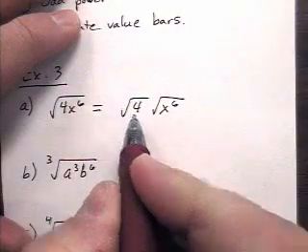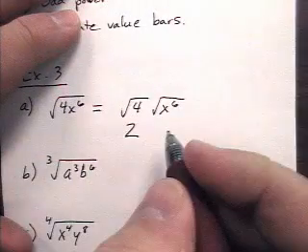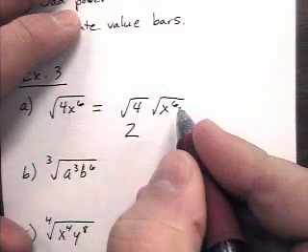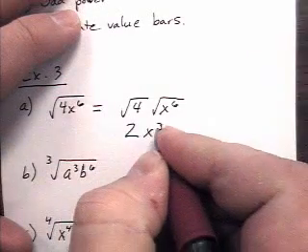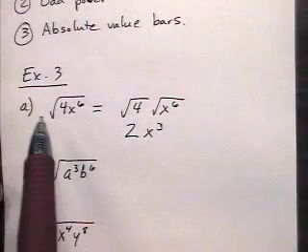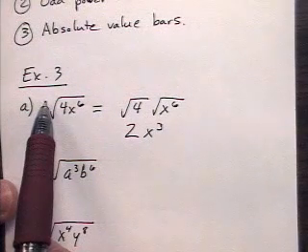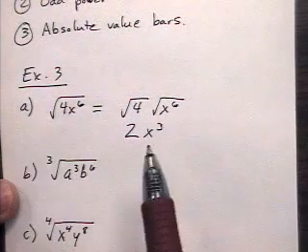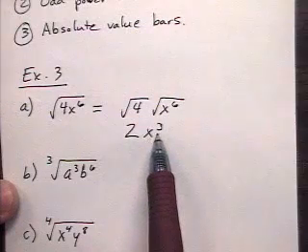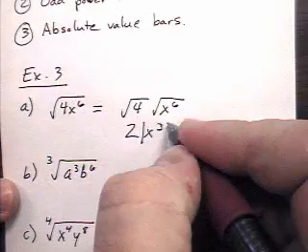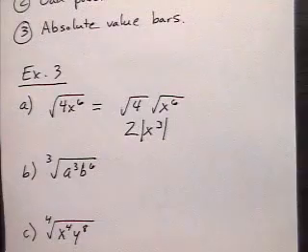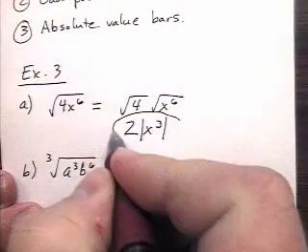Something times itself gives me 4. Well, everybody's going to say 2. What times itself gives me x to the 6th? X to the 3rd. Okay, folks, we had an even root, and we ended up with an odd power in my answer. Therefore, I need absolute value bars around the x to the 3rd.